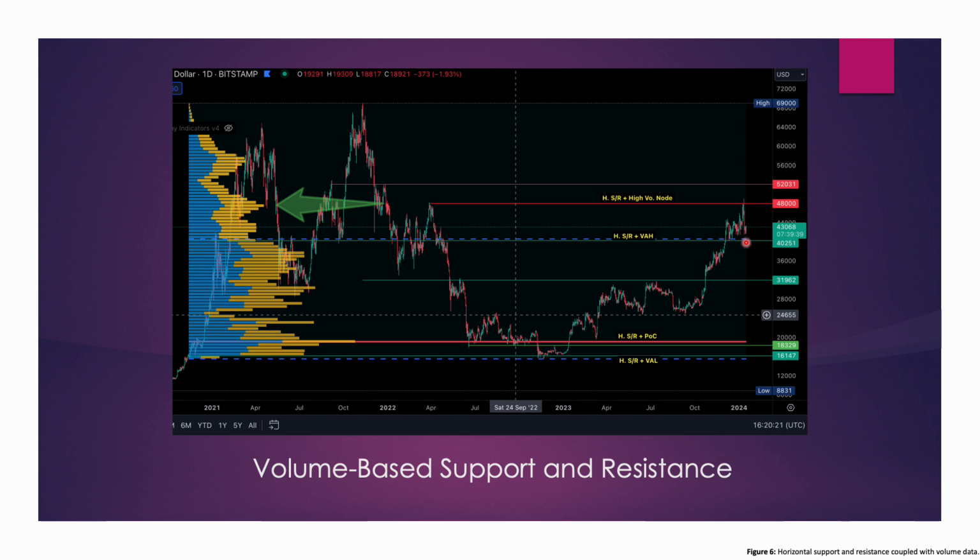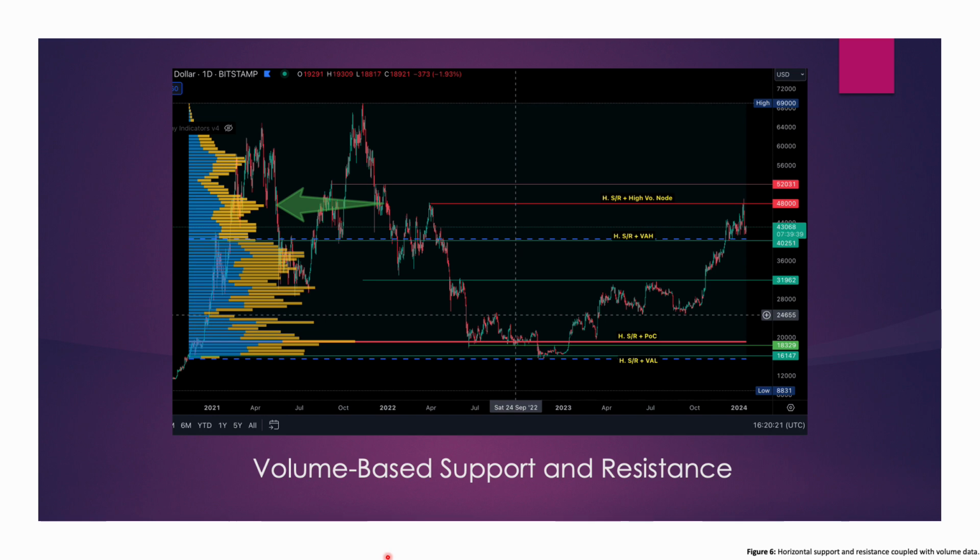You can see that it is around the 40K level, so it just adds confluence to the 40K level that we discussed previously. Look here at this high volume node. A high volume node at 48K can also add confluence for these resistance levels.